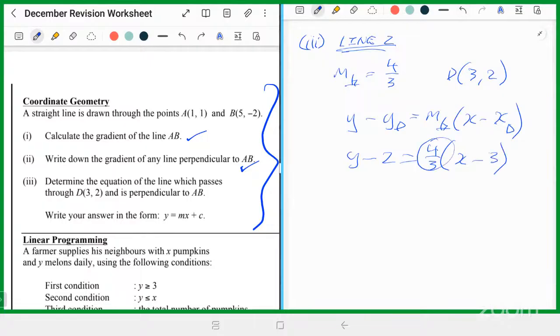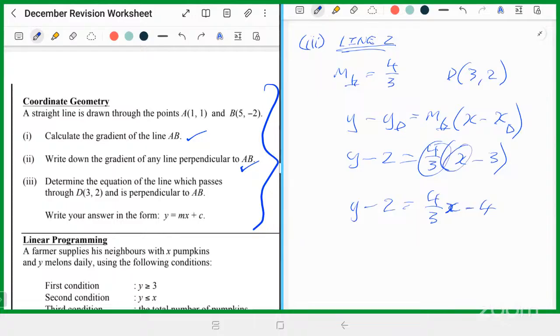Since when I multiply this by this, I'm going to get a whole number because the 3s will cancel, I'm just going to multiply this fraction straight inside the bracket.